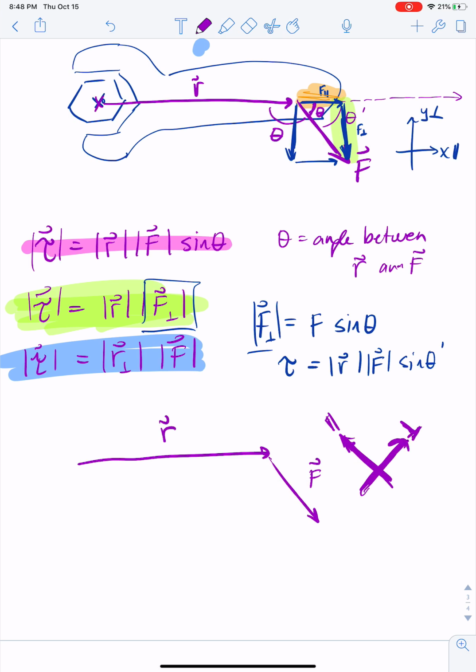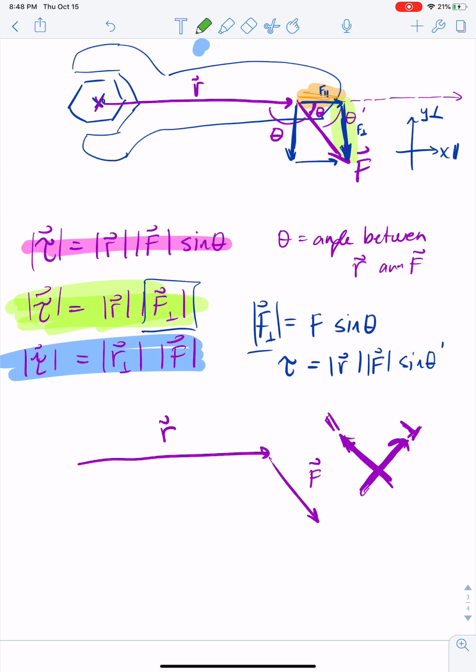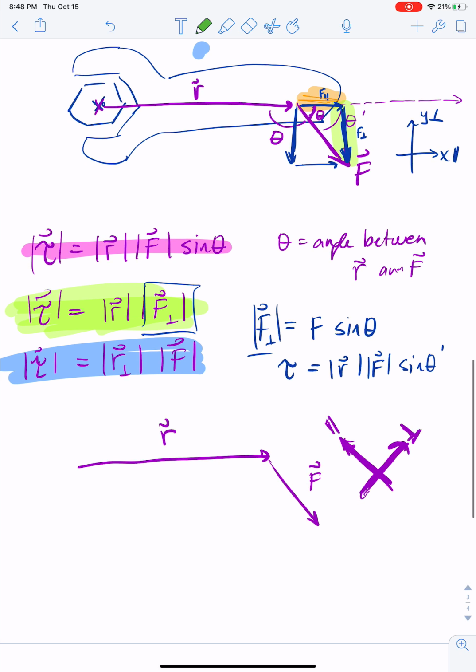And now I can draw my R vector as having components along each of those directions, just like we did above. So here, this is my R parallel to my force, and this is my R perpendicular to my force, okay?